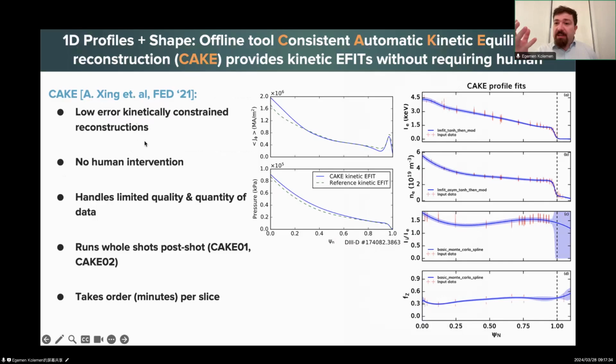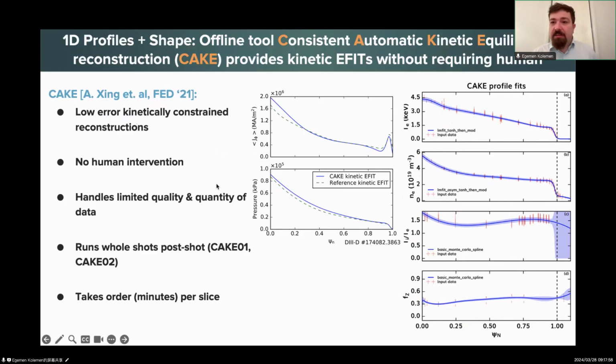They can automatically convert that data into equilibrium and profile. So for example, here is the density. These are some other parameters. So you can see the density is a function of this, and it solves the equilibrium, gives the current here and the pressure using the experimental data.